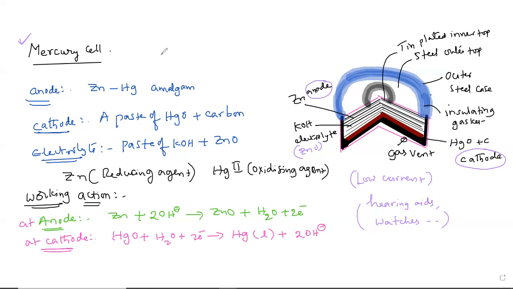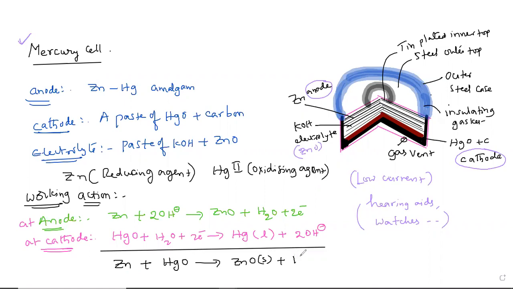It is a continuous process, and we can observe the balanced overall equation. The overall equation in this mercury cell is Zn, present in mercury, plus HgO, giving solid zinc oxide, ZnO, plus liquid mercury.